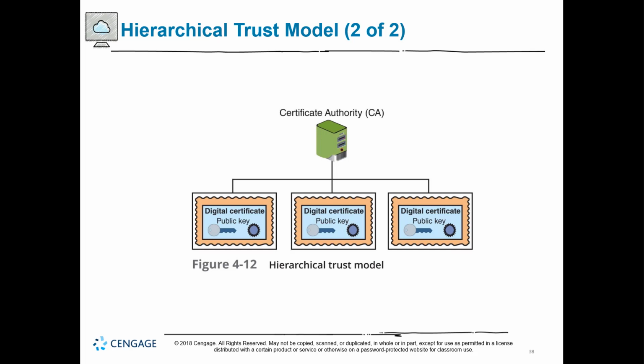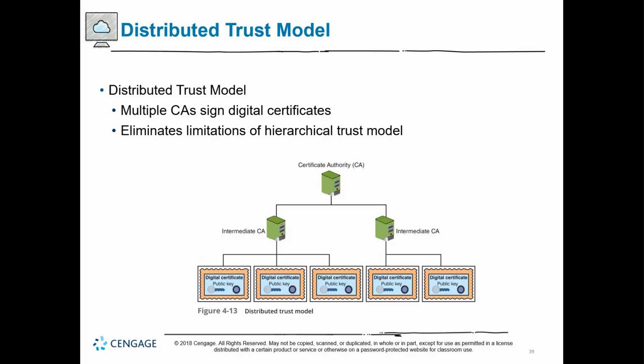But in reality, a better model is what's known as a distributed trust model. We have certificate authorities that are able to grant digital certificates. However, they don't. They actually allow their intermediate certificate authorities to grant those certificates. The intermediate certificate authorities will generate their own keys on behalf of the certificate authority. So the certificate authority will generate their own private key.